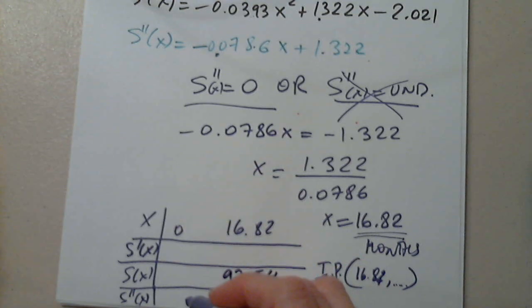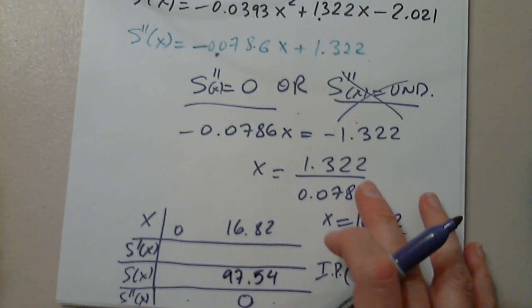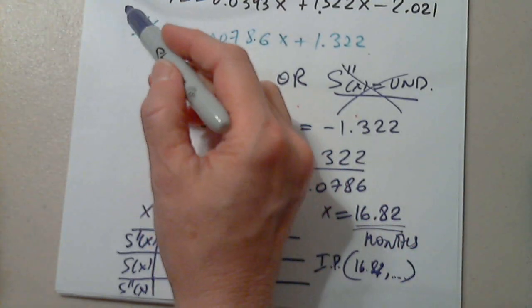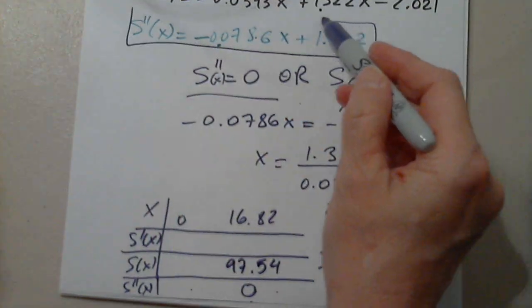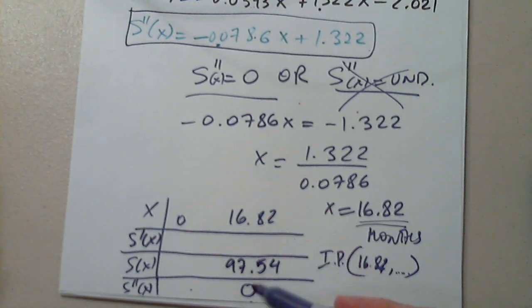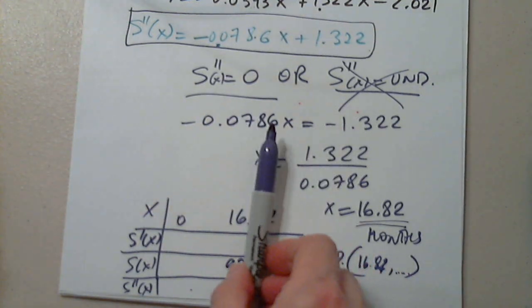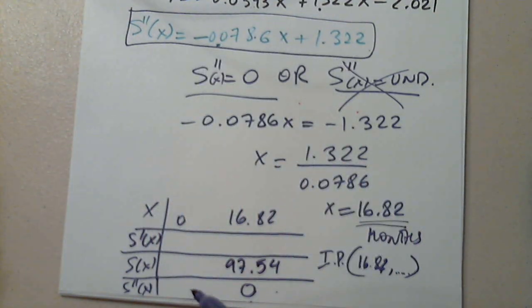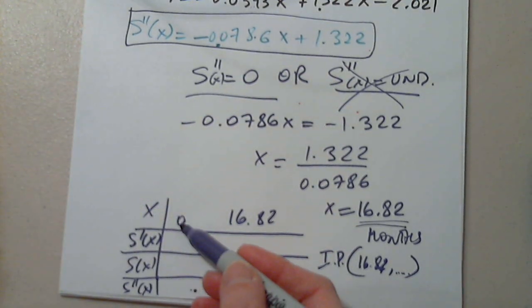Now, let's study the sign of the second derivative. So the second derivative is this. I know it's 0 at 16.82. Plug in a number to the left, like for example 0, and tell me the sign. Don't calculate anything. I don't need a number, I just need the sign. When you plug in 0.